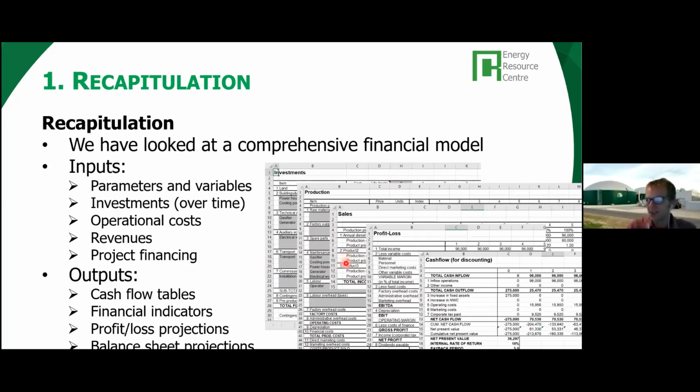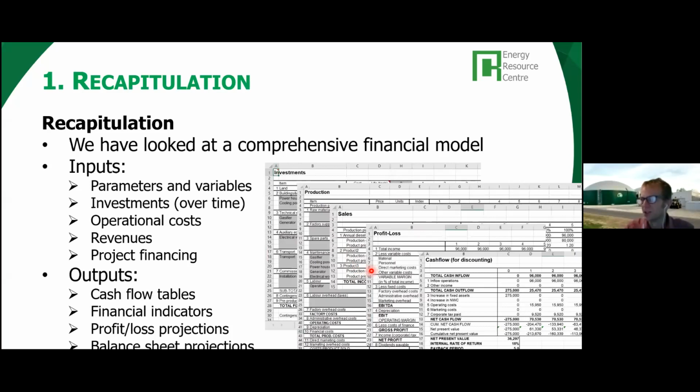Recapitulation. Very quickly, we have during the previous session looked at the financial model that I shared with you also for the case study exercise.